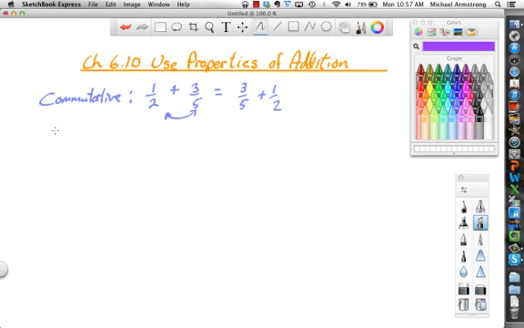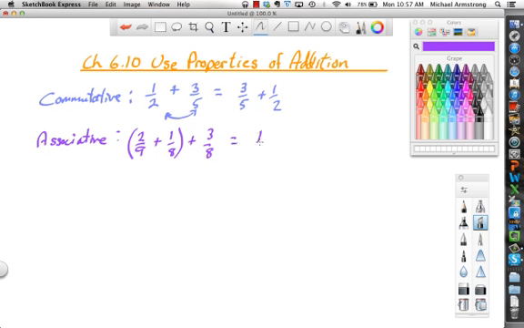The other one is the associative property. And this is where you change the parentheses, but the order stays the same, like 2/9 plus 1/8, all in parentheses, plus 3/8.